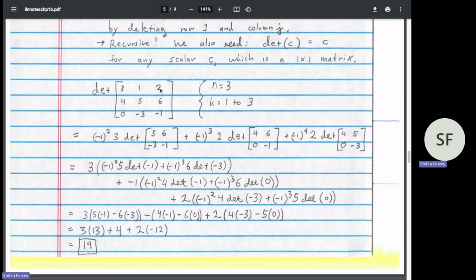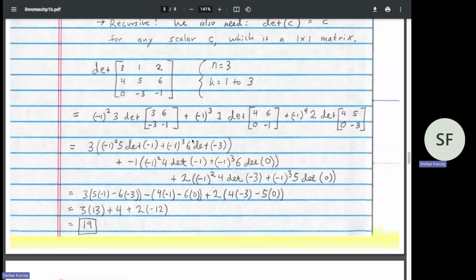And then finally, the third entry is that 2, but now we're at -1 to the 4, since it'll be the 3 plus 1 of that third entry, so 3 plus 1 is 4. And 2, since it's the entry, is 2. And then deleting that last column, we're left with, in the first row, 4, 5, 0, and -3. All right, now we have to redo that process on each of those smaller squares.